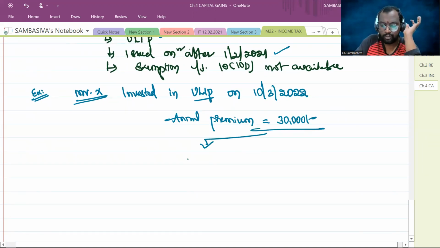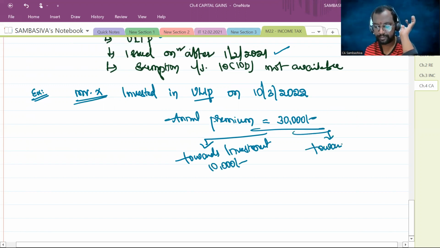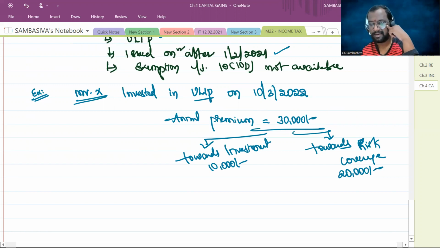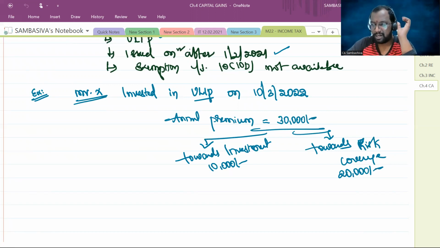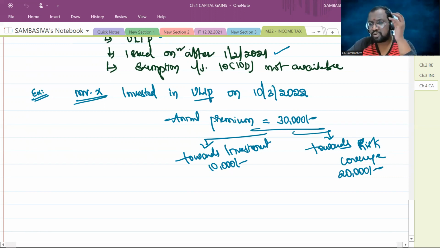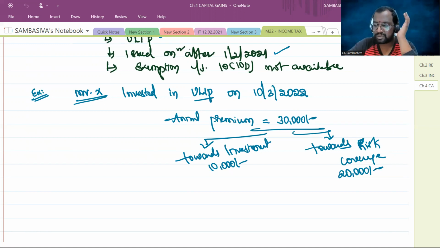Out of this, some 10,000 rupees is towards investment, and 20,000 rupees towards risk coverage. Generally we take insurance policies for coverage of the risk element, and 100% of the premium is adjusted towards risk coverage. But in unit linked insurance policies, a certain portion is towards risk coverage and a certain portion is for investment.